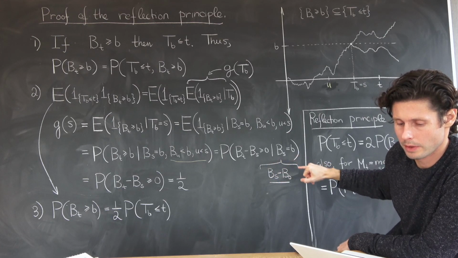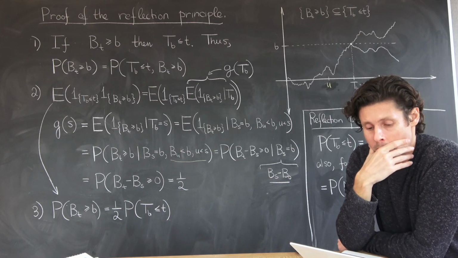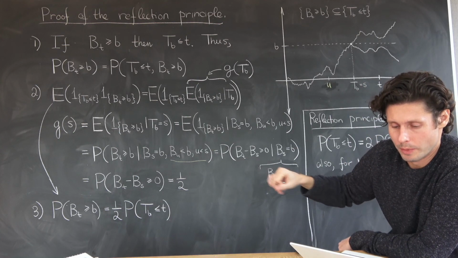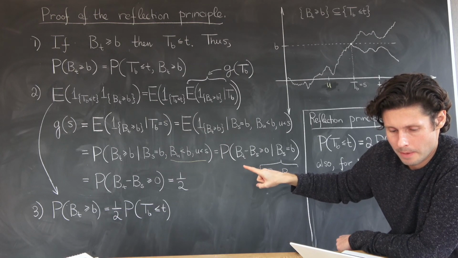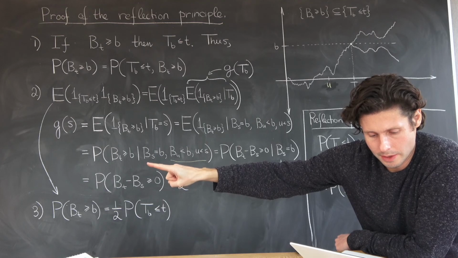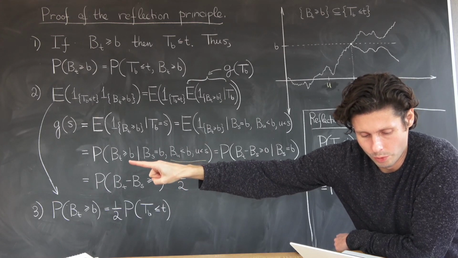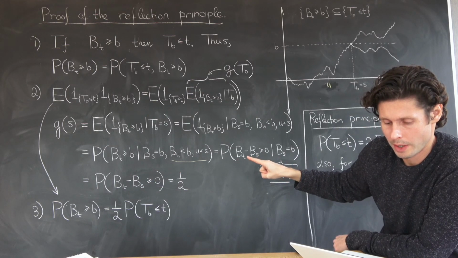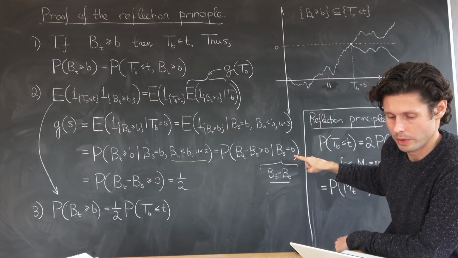That's what this is: B at time t minus B at time s. And what do we know? We know that increments are independent. There's one more thing that happened in here. Because B at time s is equal to b, I moved this b over to the other side and let it be equal to B_s, which is exactly what you see here.